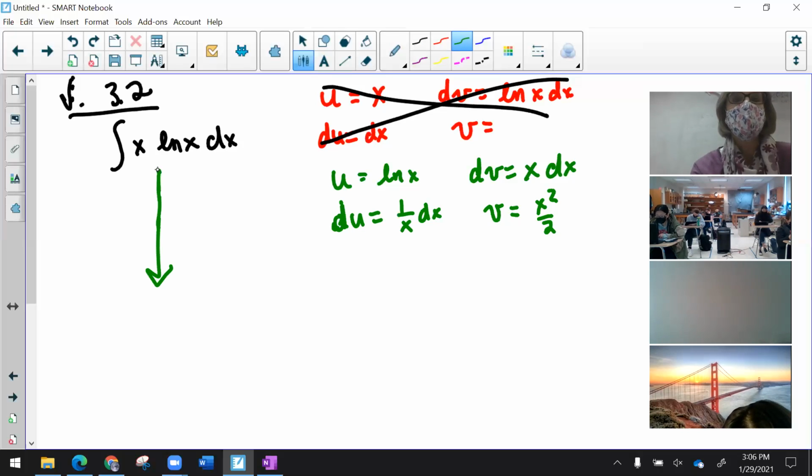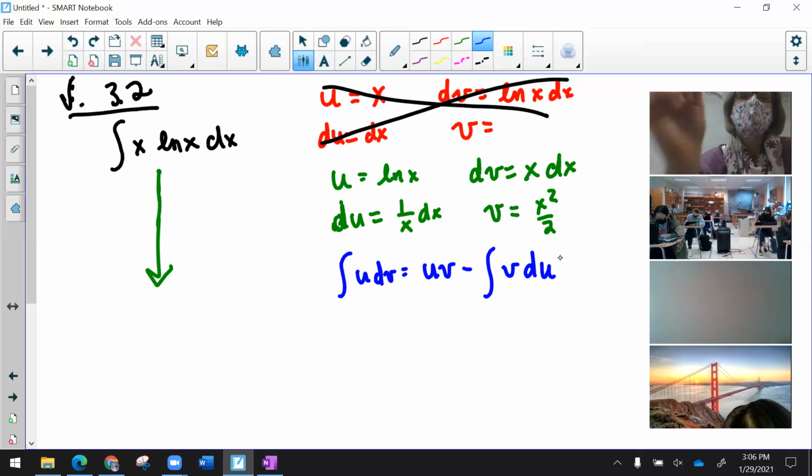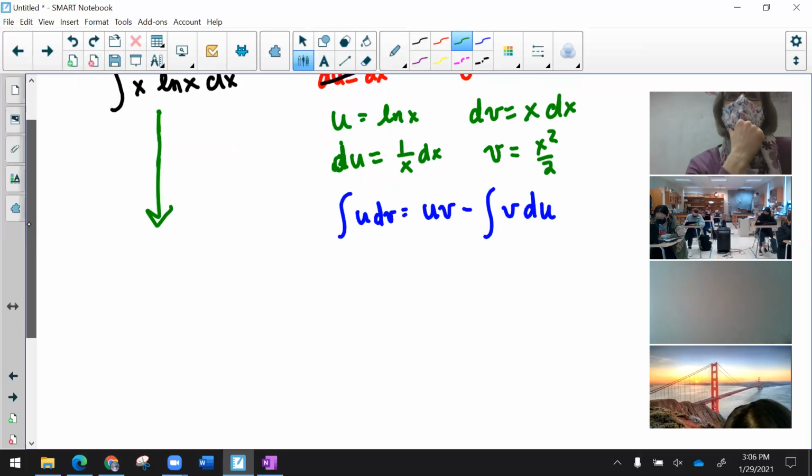And then I substitute in. Like I said, I'm going to write it over here, I've got my formula: the integral of u dv is equal to uv minus the integral of v du. It's worth writing down every time right now until we get our sea legs, as it were.